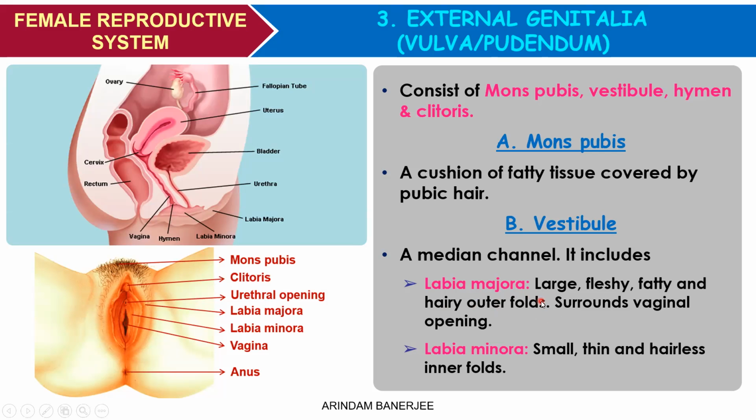One of the main important points regarding labia majora and labia minora: the labia majora are the hairy outer folds. Please remember, labia majora are the hairy outer folds, and the labia minora are hairless inner folds.